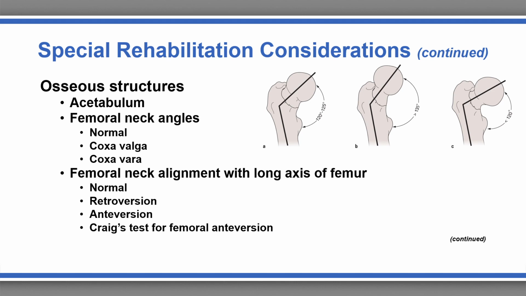And because the femoral neck is rotated from the plane of the femur's long axis, the neck and the femur do not lie in the same plane.